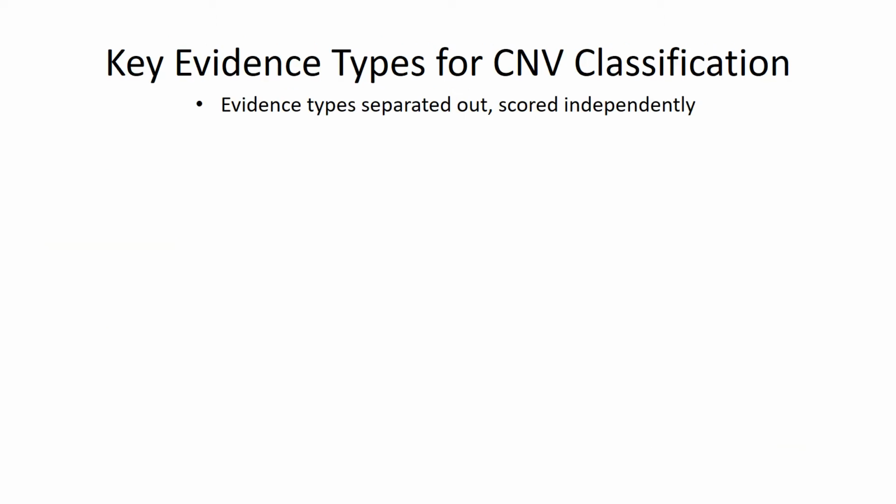Each CNV metric has the same 5 key evidence types evaluated, which are separated into different sections and scored independently. Section 1 involves assessing genomic content within the deleted or duplicated interval to determine if protein coding or other gene regulatory elements are present.